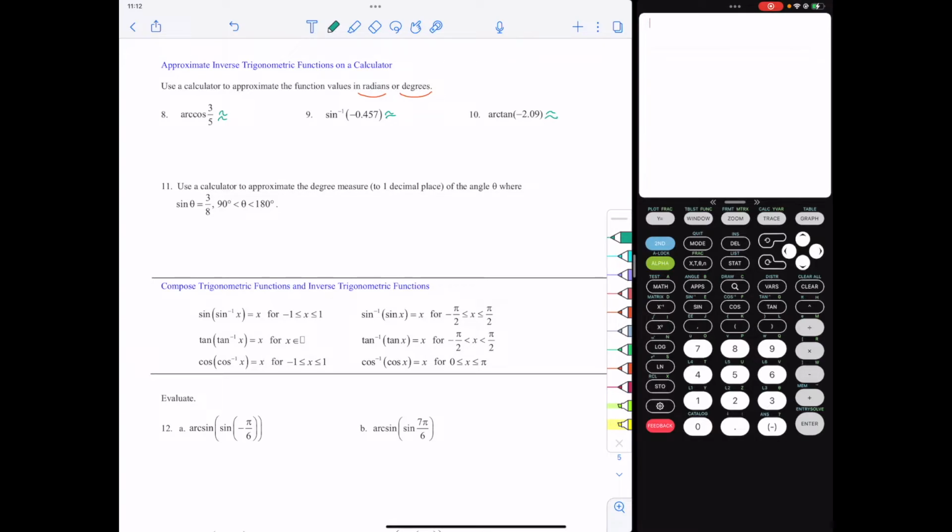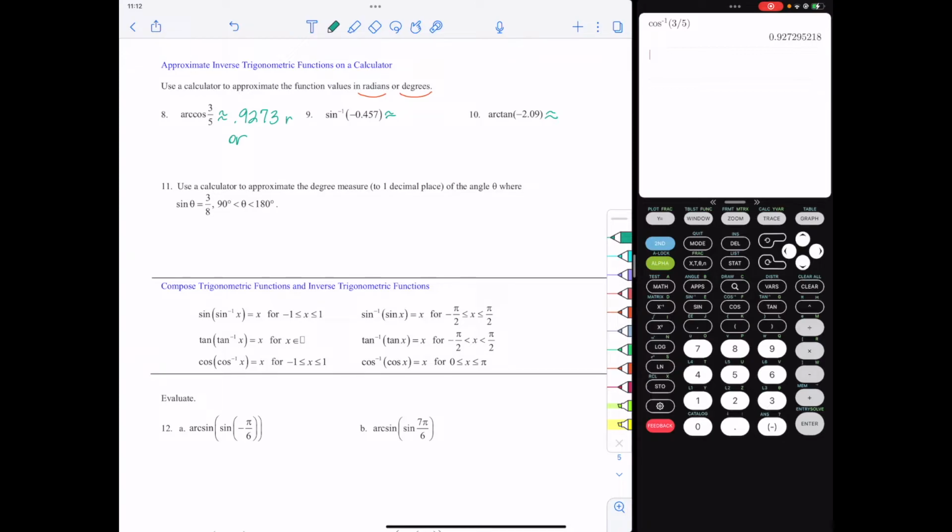So we're going to have the cosine inverse of 3/5, and that will be 0.9273, approximating to 4 decimal places. And those are radians. I'll put a little r here, and then we'll give degrees in a minute.